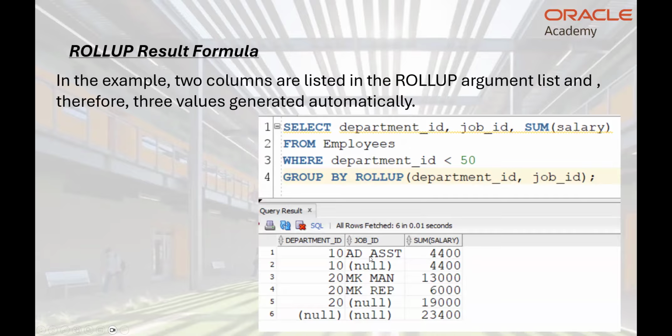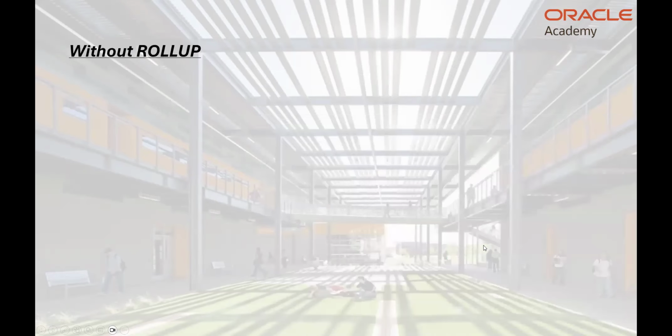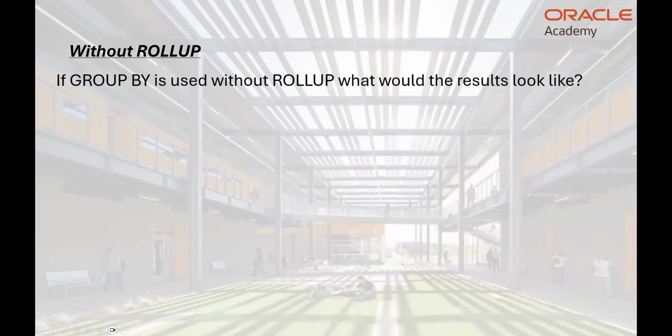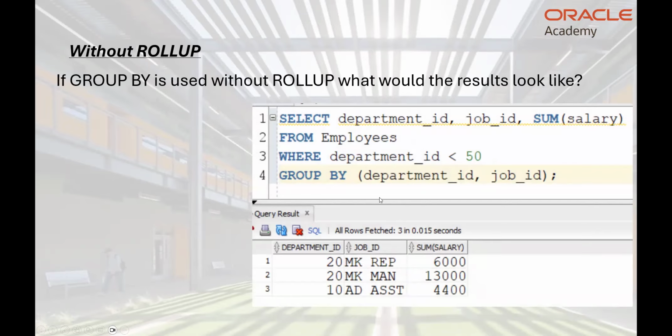And basically, you see this null here, that's your roll-up column. And that's essentially representing the totals, whether it's a subtotal or the grand total. I know, pretty crazy. So without the roll-up, if a group by is used without roll-up, what would the results look like? Without the roll-up, you just have results that look like this, which is what you would expect.